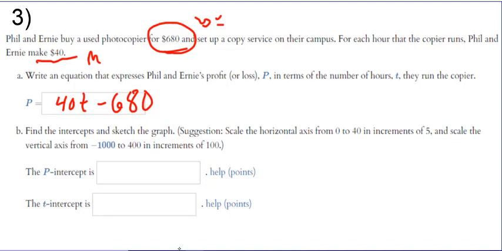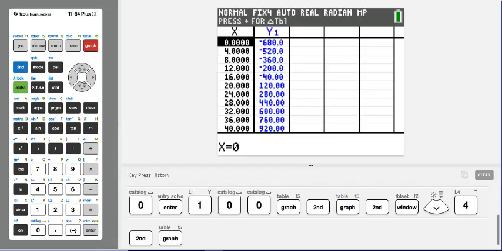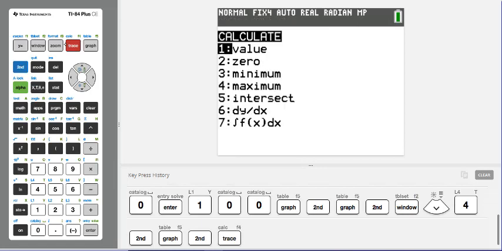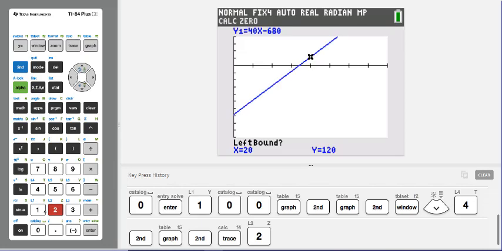We can find this pretty easily since we scaled it, but let's show you how to do it on the calculator. We know the y-intercept is -680. So if I go second trace, I want to find the zero, which is option 2.